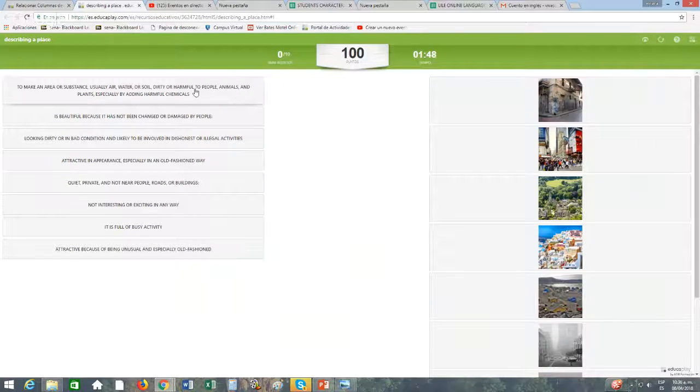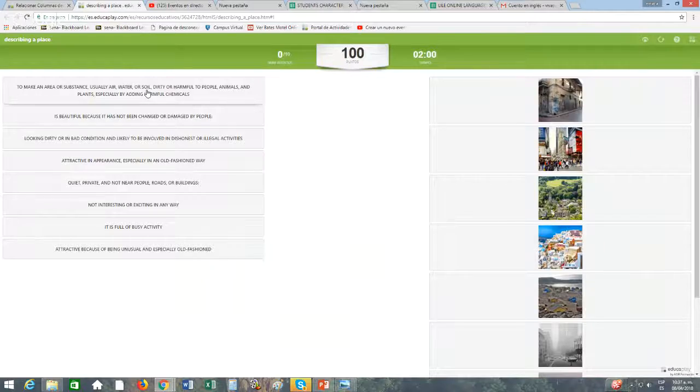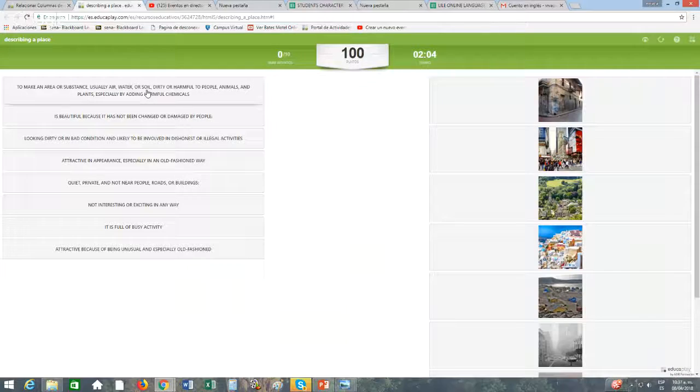Yes, I think so. Okay, look at the vocabulary here. To make an area or substance, usually air, water, or soil. What is soil? Soil is tierra. Okay. So air, water, soil. Dirty. What is dirty? Dirty, sucio, contaminado.